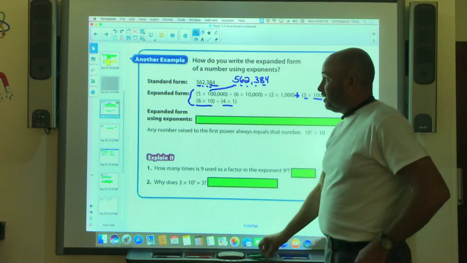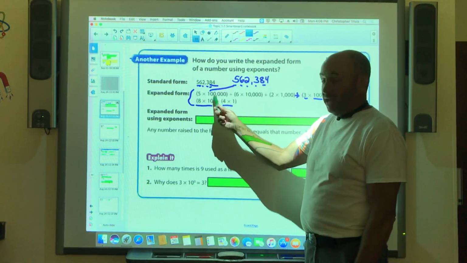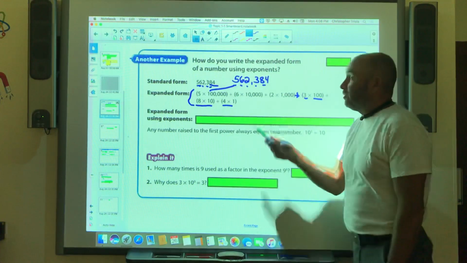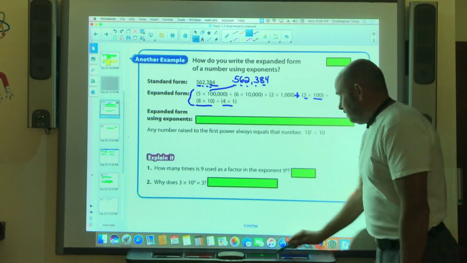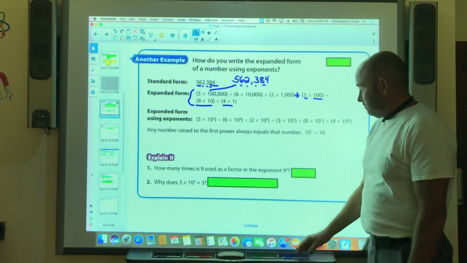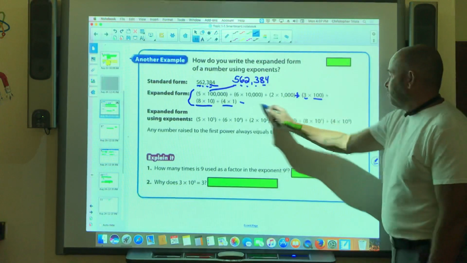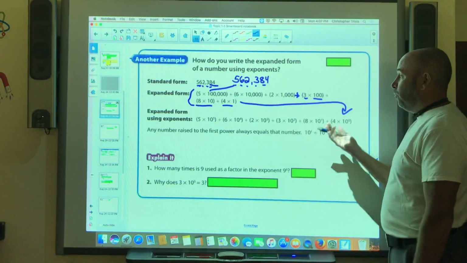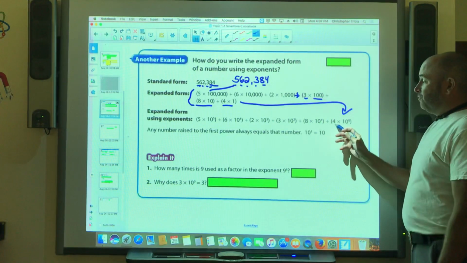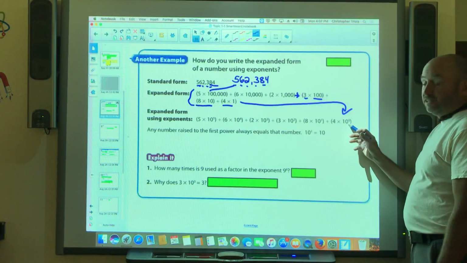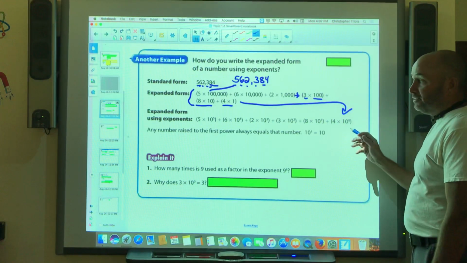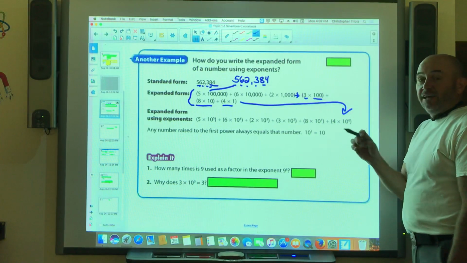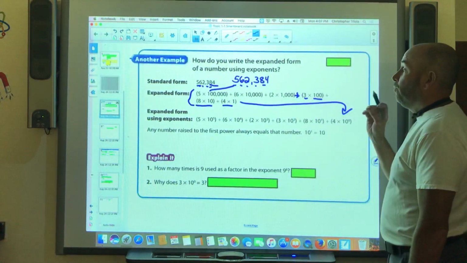So in other words, we're going to count how many zeros we have. It's a multiple of 10, and we're going to rewrite these to a power, 10 to a power, all right? So it'll look like this. We start with the 4 times 1, okay, 4 in the ones place, which would be 4 times 10 to the 0 power, because we know that 10 to the 0 power actually has a value of 1.